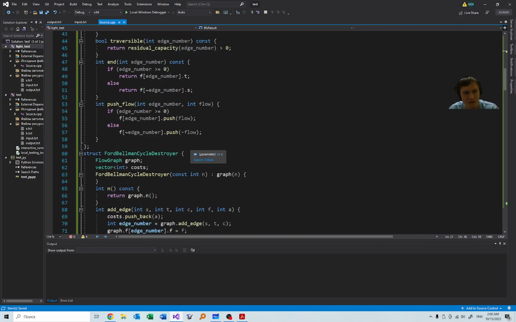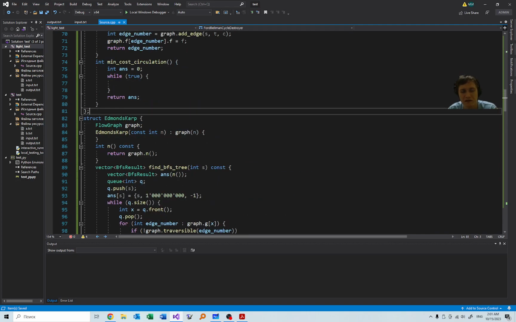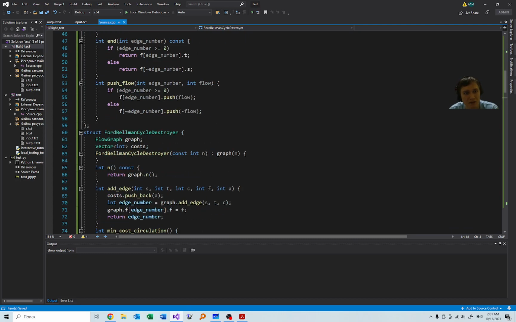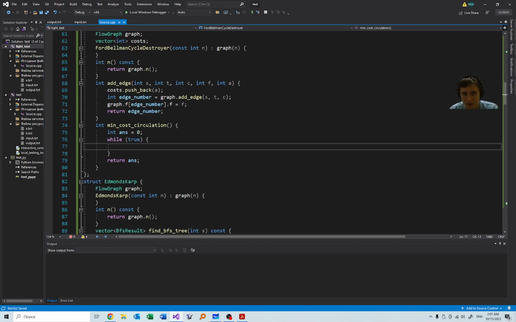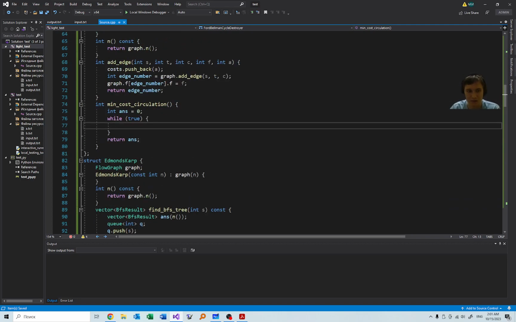Actually, I also have an error here. I think I need something like cycle finder. No, I have a BFS. For BFS, it is right. It's not right for Ford-Bellman. So, okay, let's construct it.